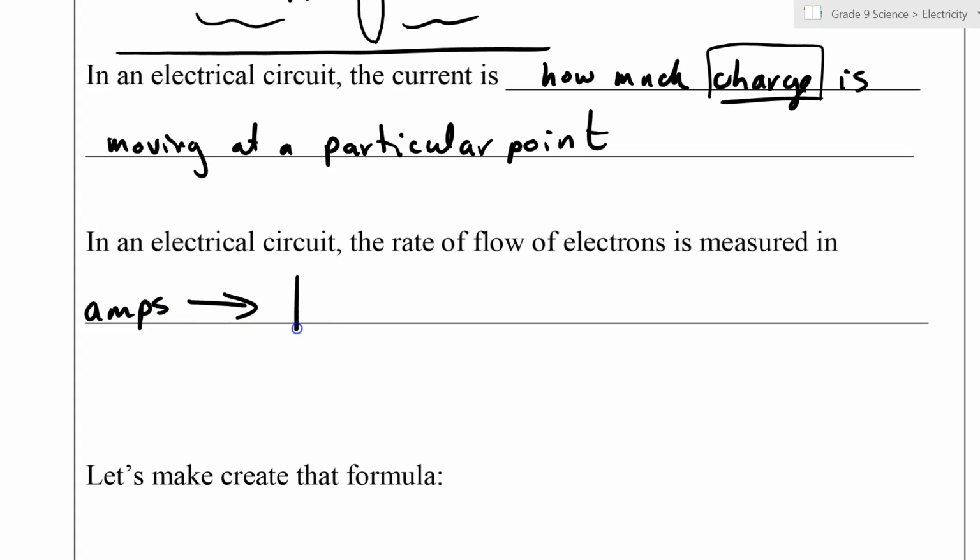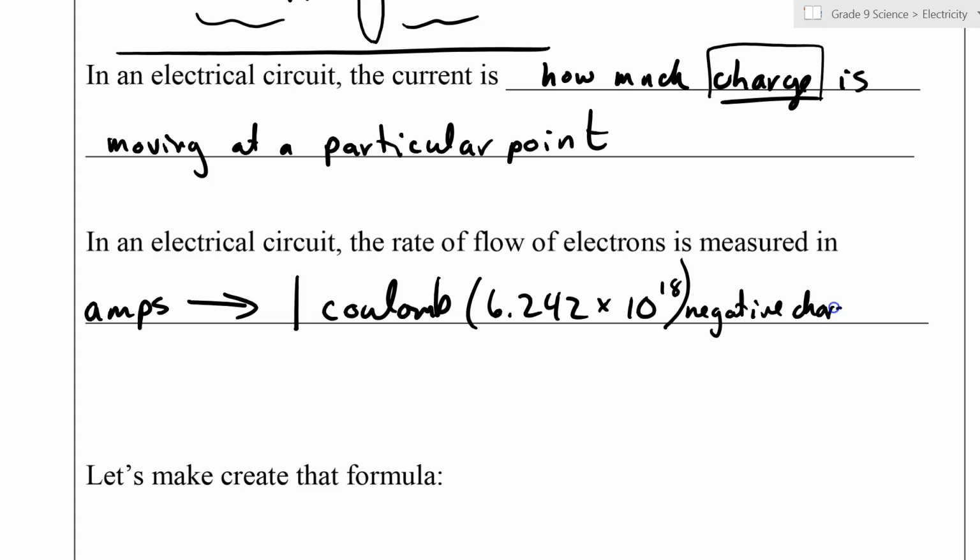which works out to approximately 1 coulomb, which is 6.242 times 10 to the 18 negative charges per second.